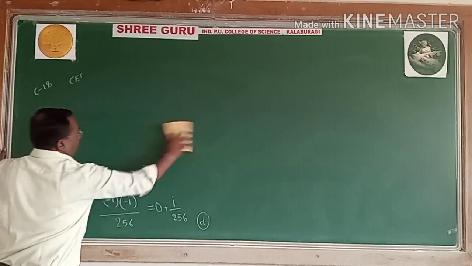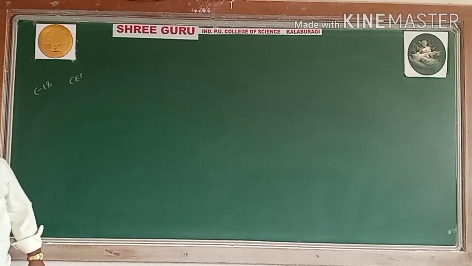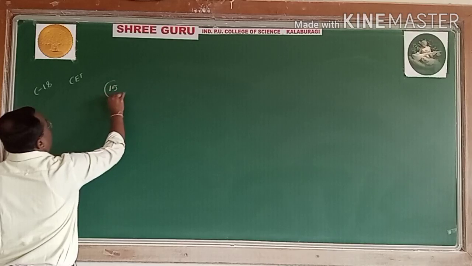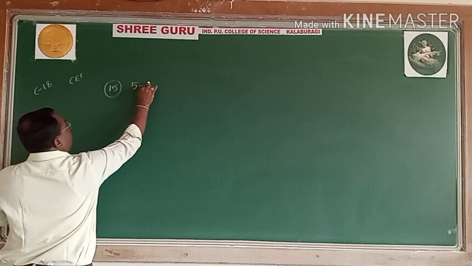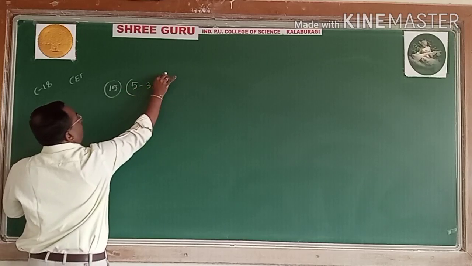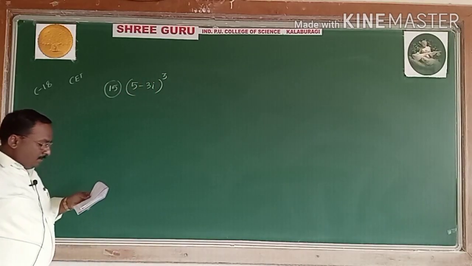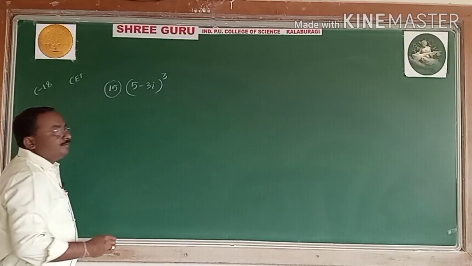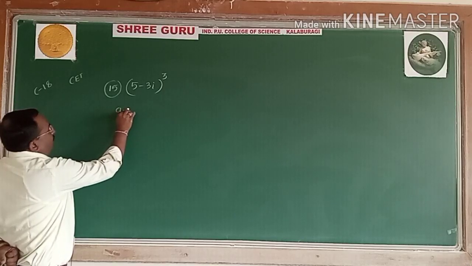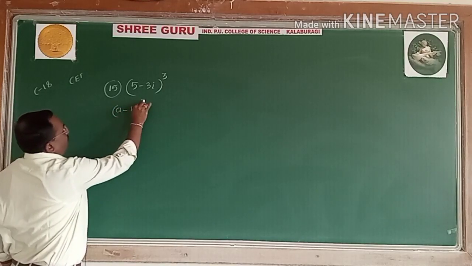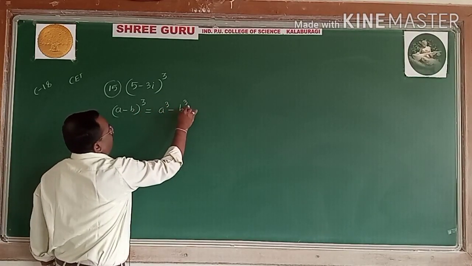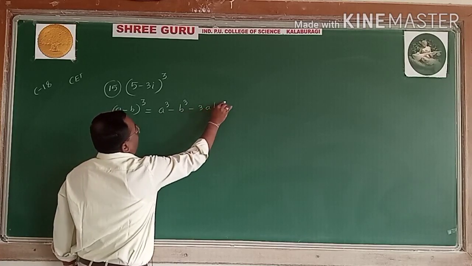Next, example number 15: (5 minus 3i) whole cube. Do you know the a minus b whole cube formula? a minus b whole cube is a cube minus b cube minus 3ab into (a minus b).